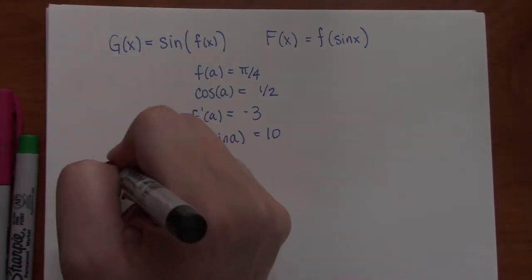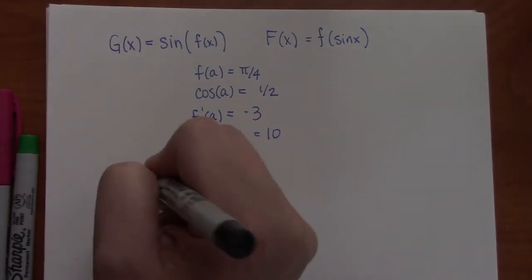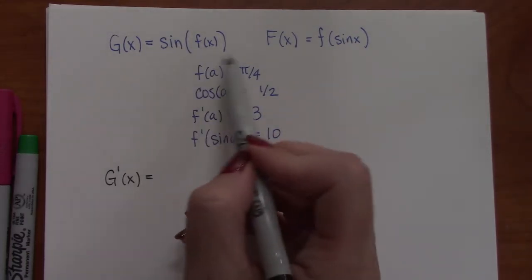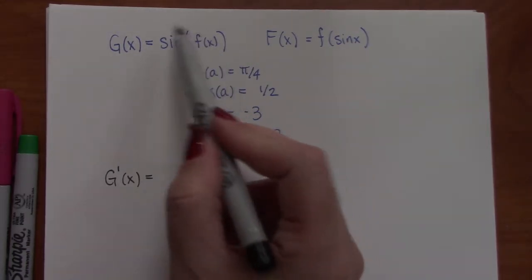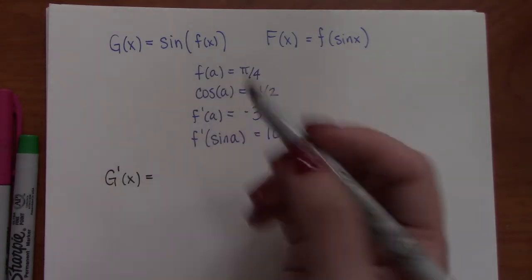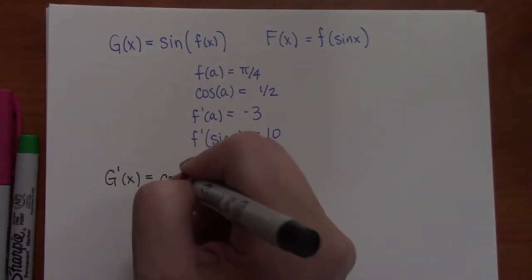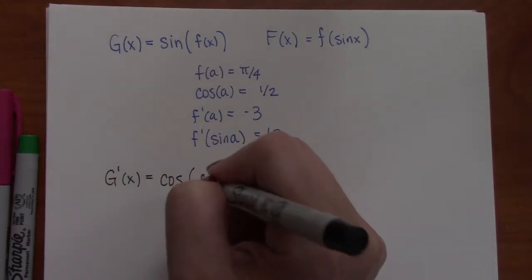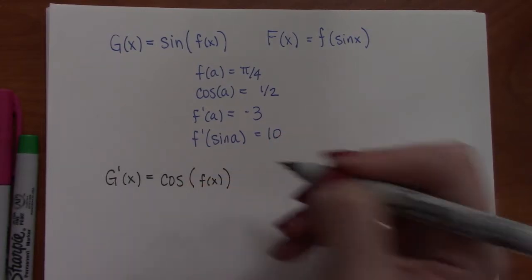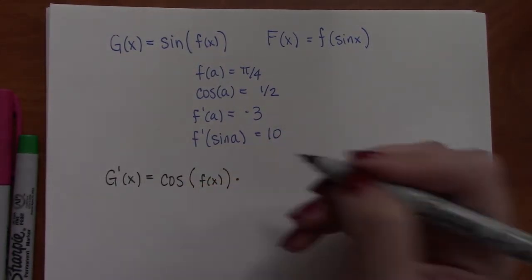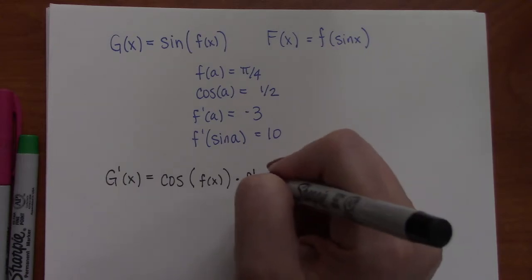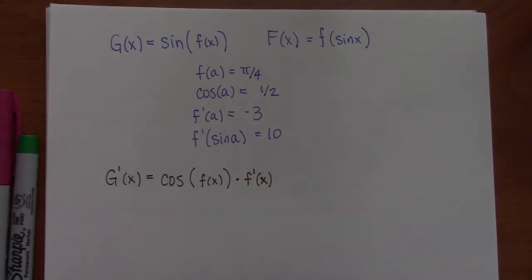So capital G prime of x, we say, well, we want the derivative of the outside function, and the outside function is sine. So the derivative of sine is cosine, right? And then you leave the inside alone. Then you multiply that by the derivative of the inside, and the derivative of the inside is just f prime of x. That's the best we can do.